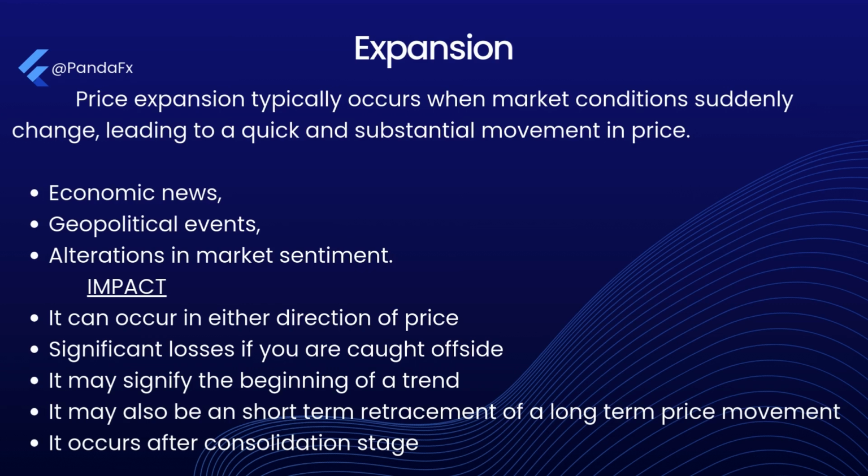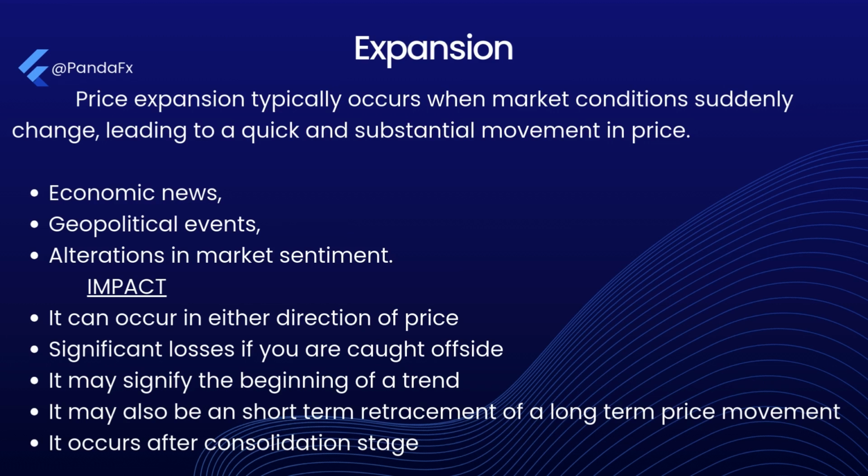So that's what some people term as breakouts, price expansion, breakout from the consolidation zone. This can be caused by economic news, in the sense that there is some news that can come in and really lead to price volatility.